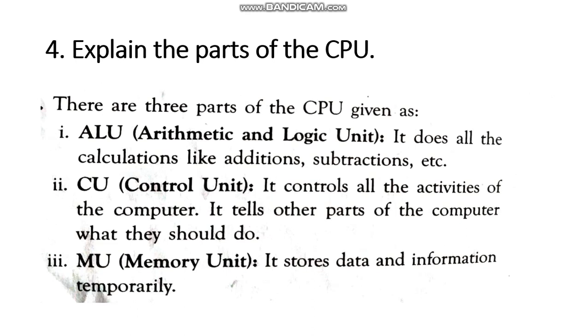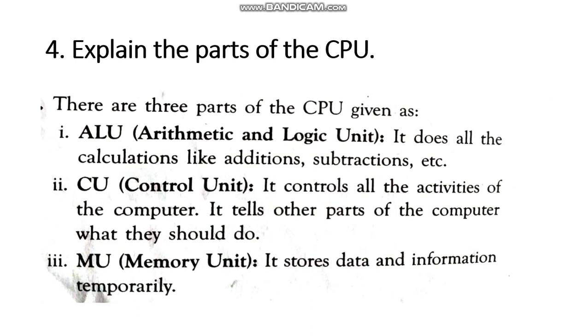The fourth question: explain the parts of the CPU. There are three parts of the CPU. The first, ALU, arithmetic and logic unit. It does all the calculations like addition, subtraction, etc. Second, CU, control unit.